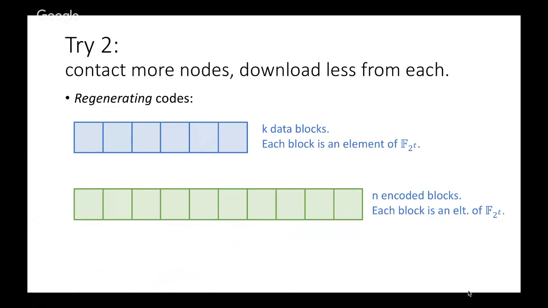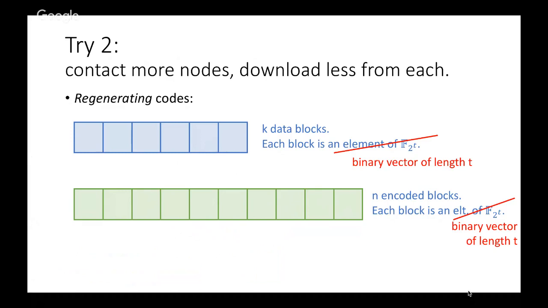Our next try, which is what we're going to end up doing, is to, counterintuitively, contact more nodes rather than fewer nodes. But the catch is that we're going to download less information from each. These are called regenerating codes. Once again, we have the same picture, k data blocks encoded into n encoded blocks, still an MDS code. But now, instead of thinking about these blocks as indivisible elements of a field of size 2 to the t, I'm just going to think about them as t bits, so I can manipulate them on the bit level.